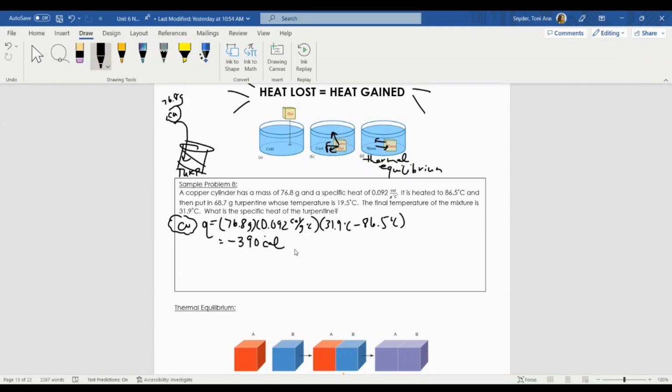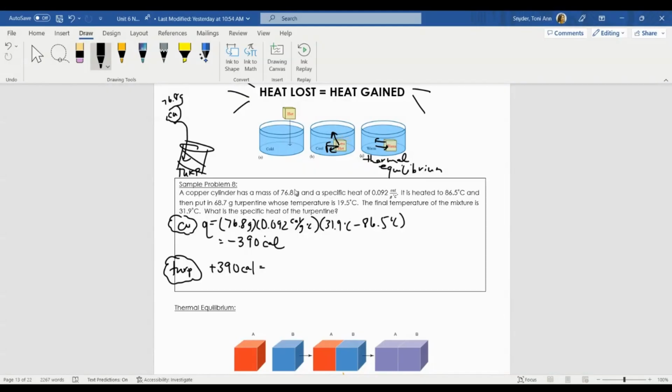If the copper released 390 calories of energy, that must mean that the turpentine must have absorbed 390 calories. So Q is equal to positive 390 calories in my turpentine example. The energy went from the copper to the turpentine. The turpentine absorbed that energy, because I notice the turpentine raised temperature, it was 19.5 and it went to 31.9.